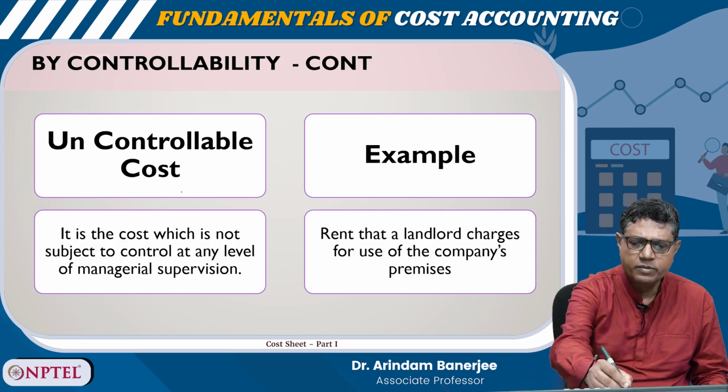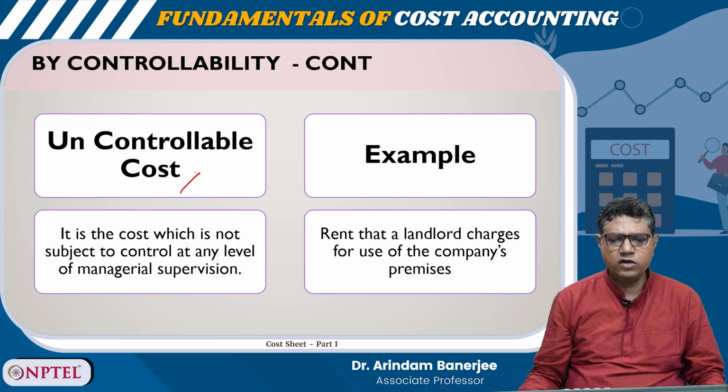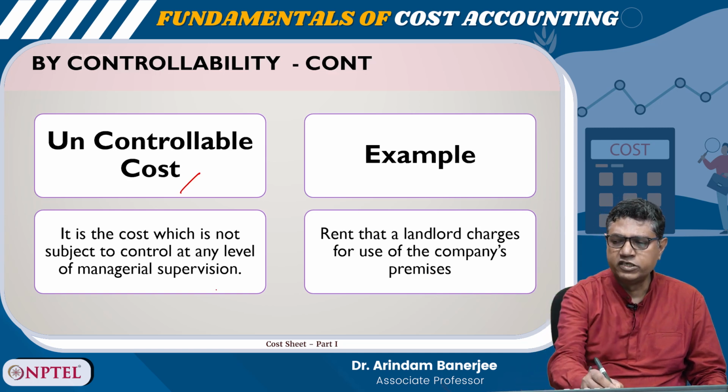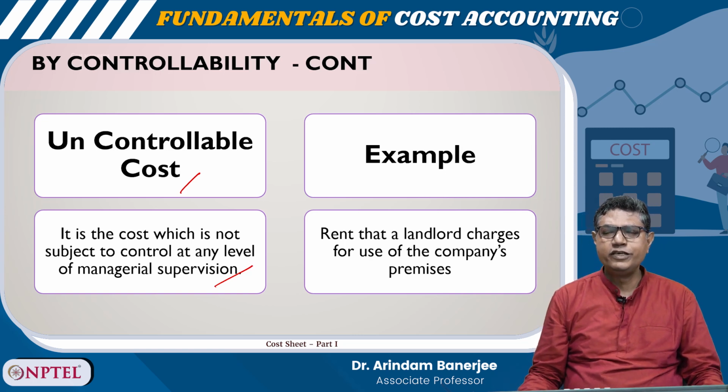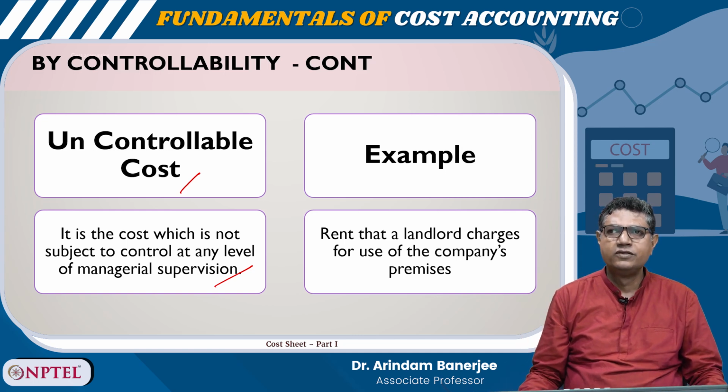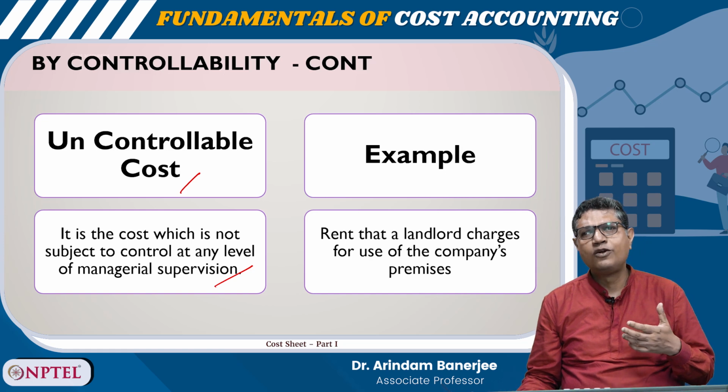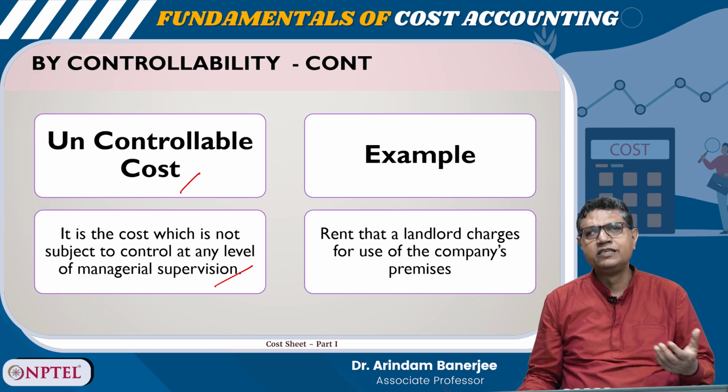Then there are uncontrollable costs. It is the cost which is not subject to control at any level of managerial supervision. So there are certain types of costs which the management may not be able to control. The example is that if the company has taken an administrative building on rent. Usually these are long-term lease rents, where the lease may be of 10 years, 20 years, 30 years.